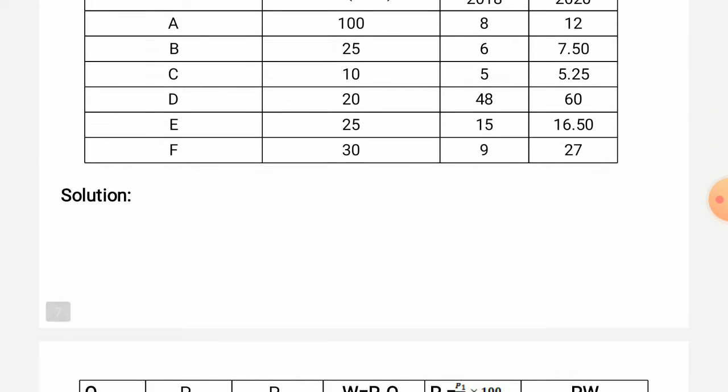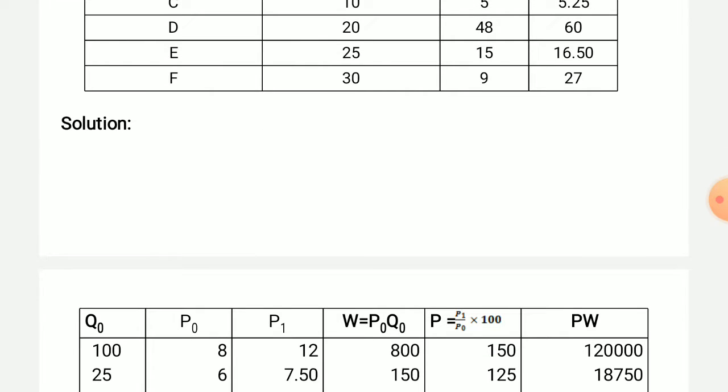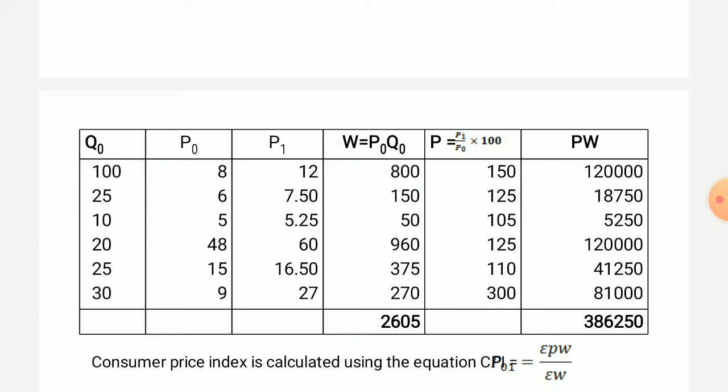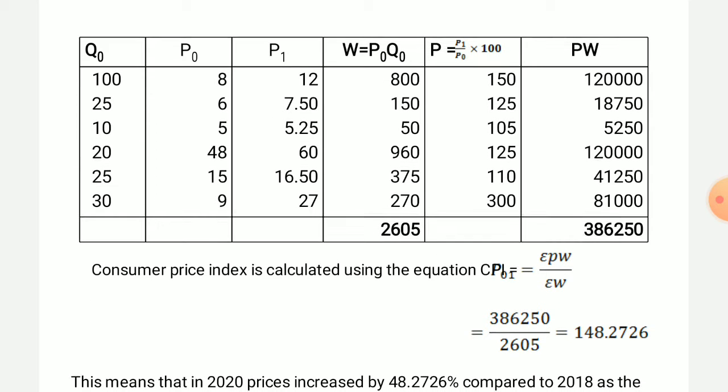So with the given data we have to construct the index number according to the family budget method. Here Q0, P0 and P1, the given data, are to be written in the first three columns, and then in the next fourth column we can calculate W, meaning weights.